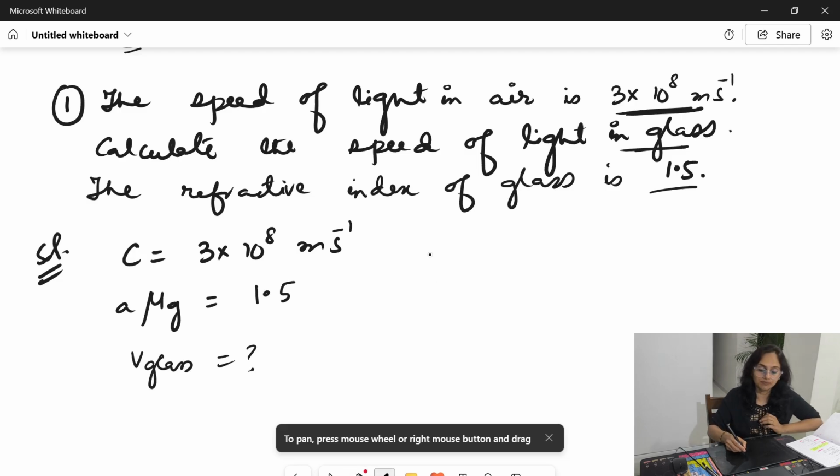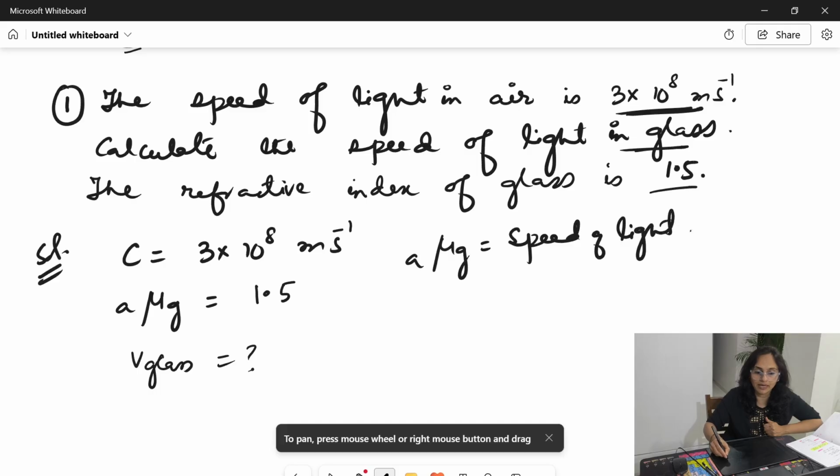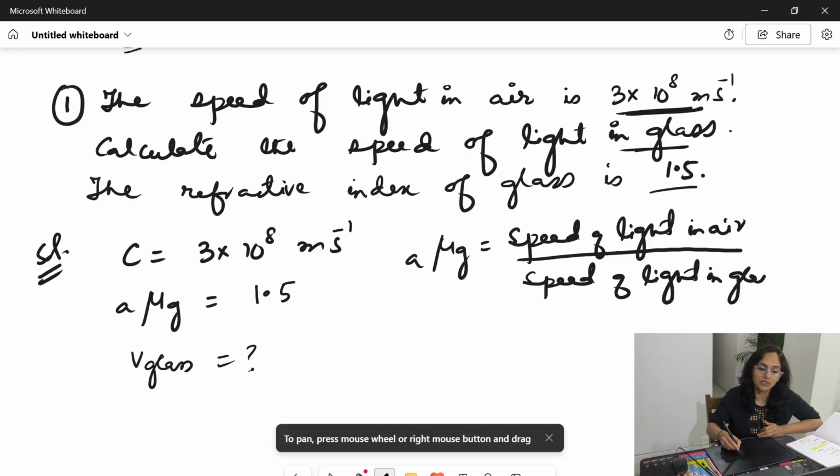So the formula that we will use is A mu G, that means refractive index of glass, is equal to speed of light in air or vacuum upon speed of light in glass, right? So this is given to us.